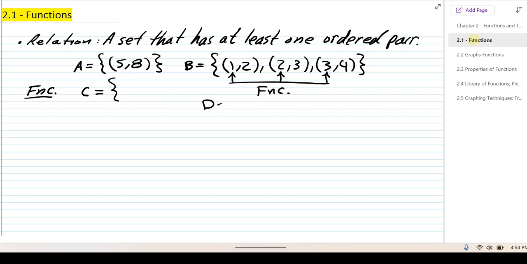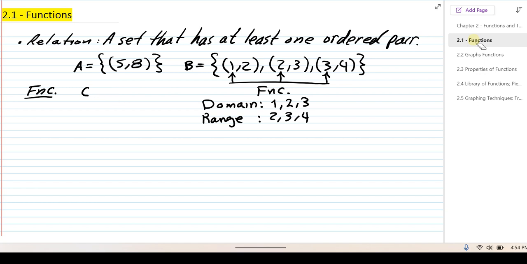Now the first numbers that we look at are called the domain elements of the set. So here my domain are 1, 2, 3, the first numbers. And the numbers in the second position of the ordered pair, would be like the Y component, the second component. 2, 3, 4 are the range values.